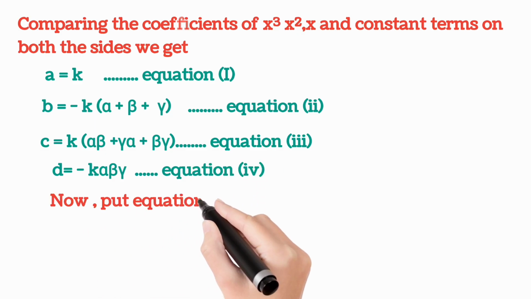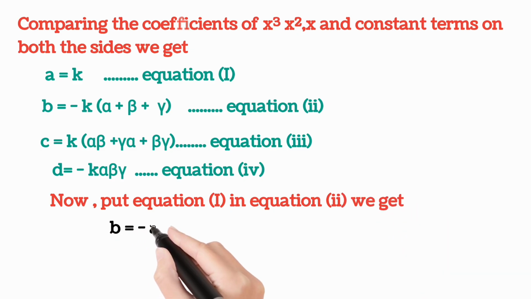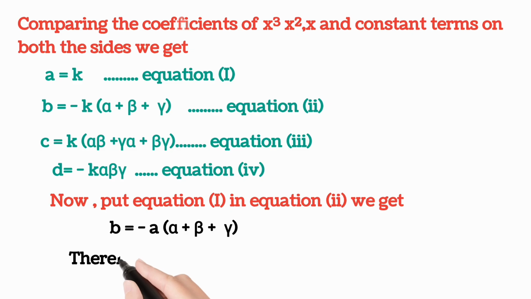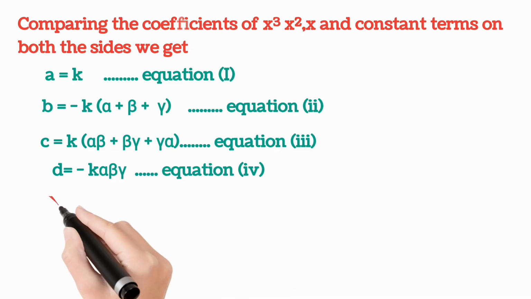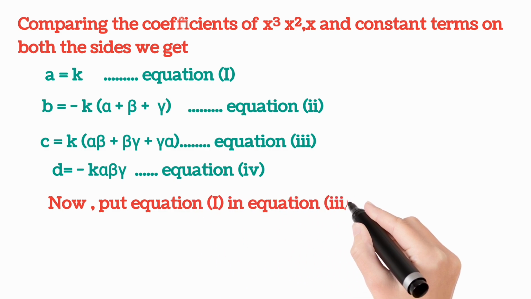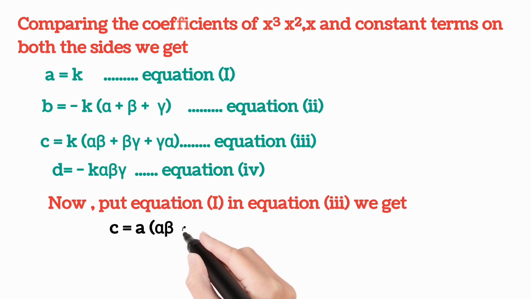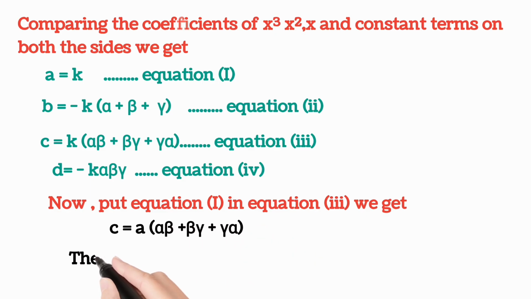Now put equation 1 in equation 2, we get b equal to minus a into (alpha plus beta plus gamma). Therefore alpha plus beta plus gamma is equal to minus b by a. Now put equation 1 in equation 3, we get c equal to a into (alpha beta plus beta gamma plus gamma alpha).